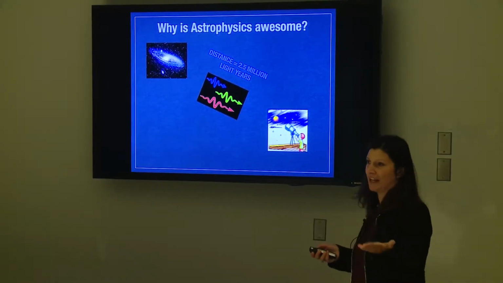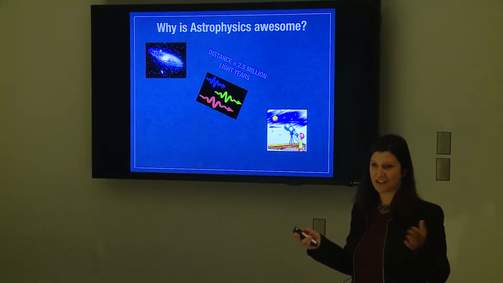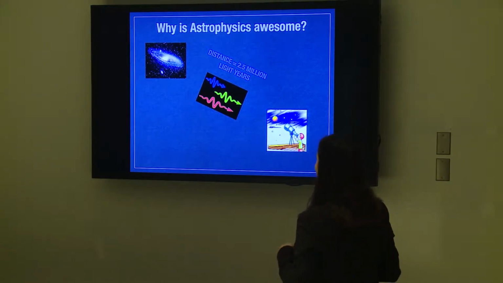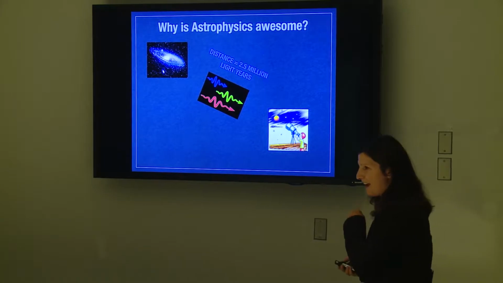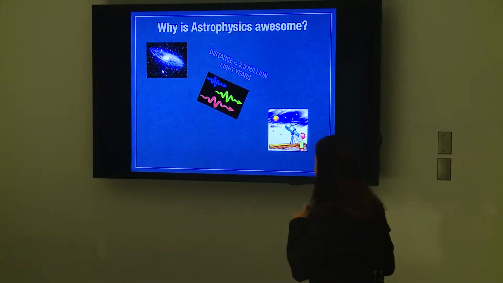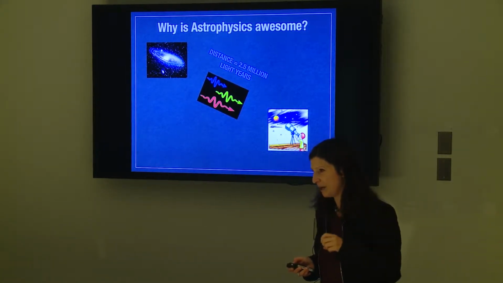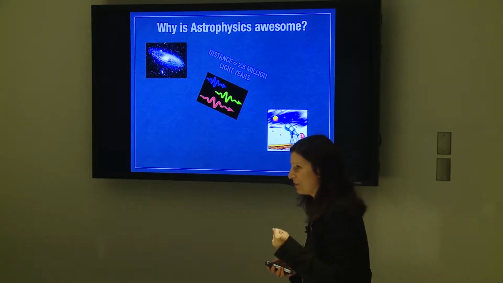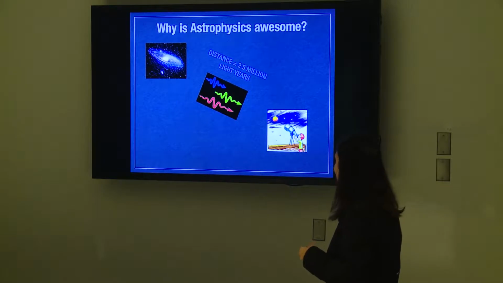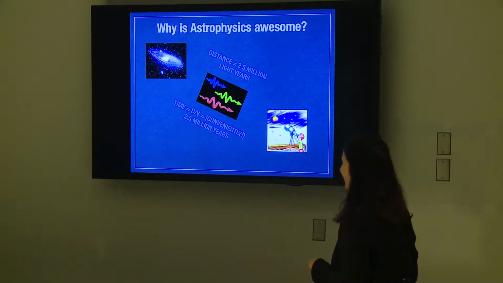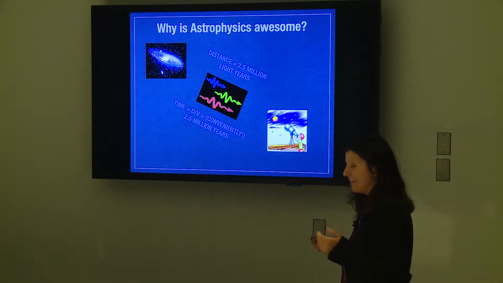So even our nearest large galaxy neighbor is actually pretty far away. We have conveniently switched to this other unit of distance, 2.5 million light years, because this way we can immediately tell how long photons from Andromeda take to get to us. And what would that be? 2.5 million years. And this is the whole reason why we have these units.